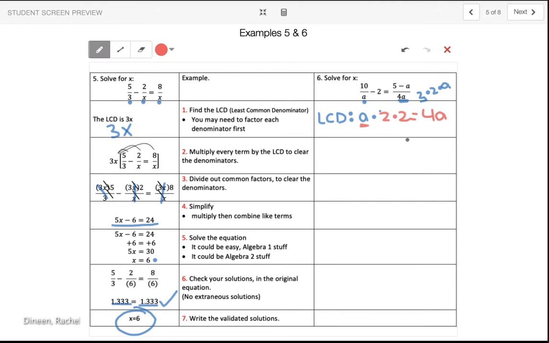Okay. Then we're going to multiply every term by the LCD. So hopefully I have room here to write it all down.